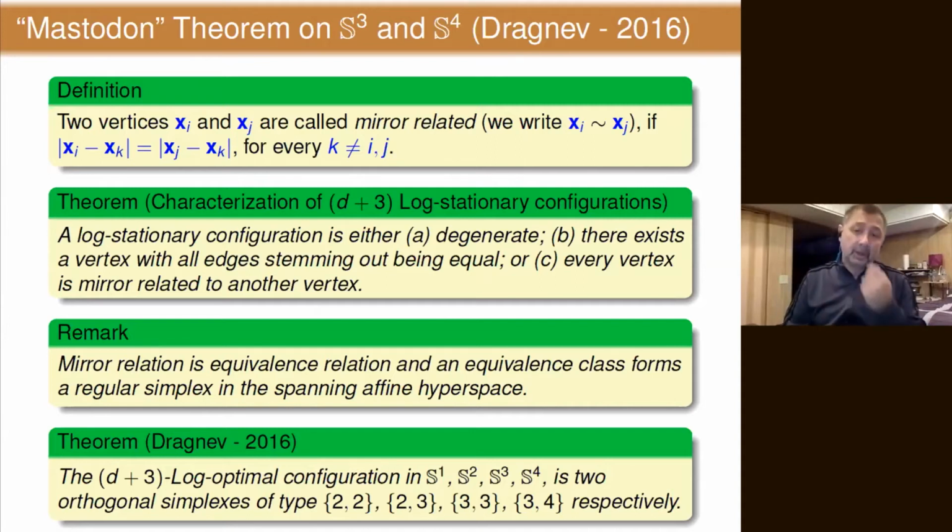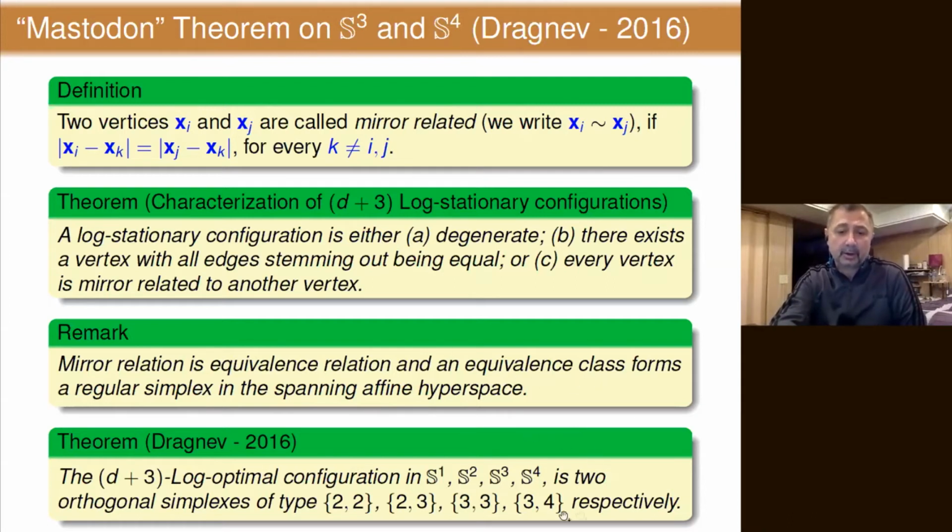Actually, from C, one easily derives the Mastodon theorem, because that's the only possibility when you end up with two simplexes, one will be a segment and the other will be an equilateral triangle, but they are orthogonal, all right? So mirror relation is an equivalence relation, and the equivalence class forms a regular simplex in the spanning affine hyperspace.